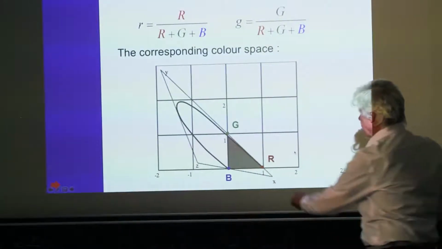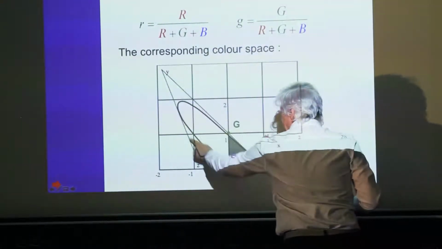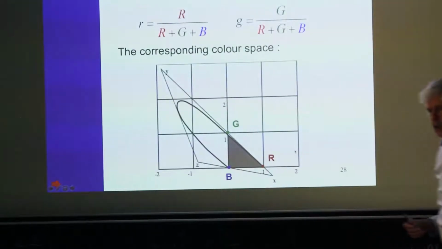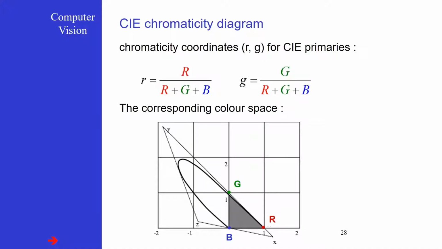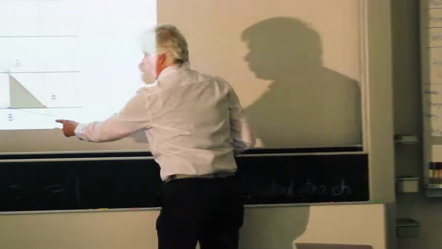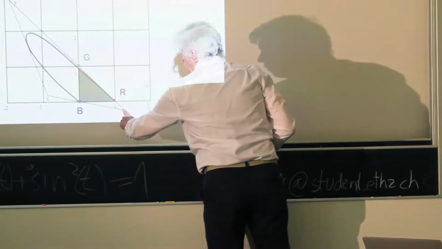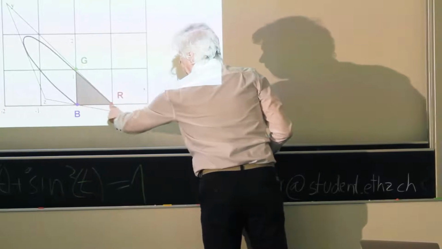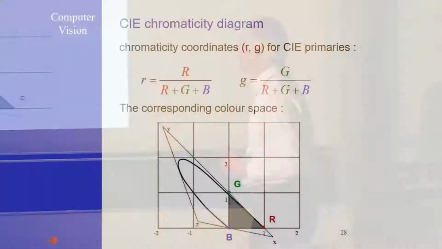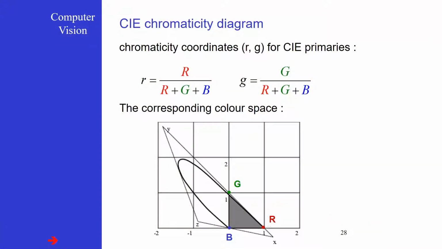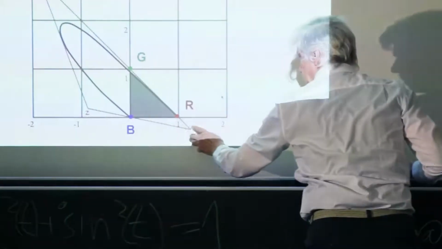By the way, the spectrum locus is a place where we have all the light sources that are monochromatic, so highly saturated colors. These are so-called lines of purple that we have.